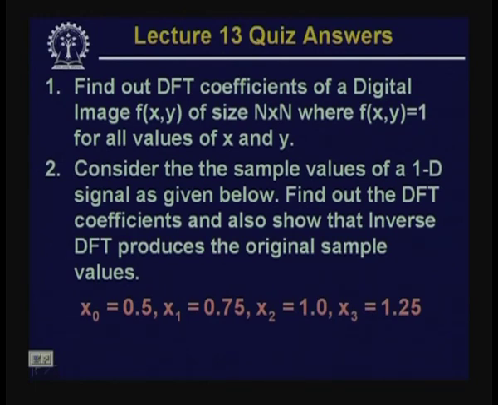The first question: find out the DFT coefficients of a digital image f(x,y) of size capital N by capital N, where f(x,y) equals 1 for all values of x and y. Now, this computation is very simple.